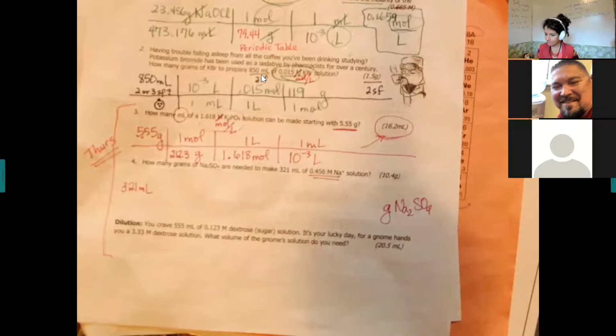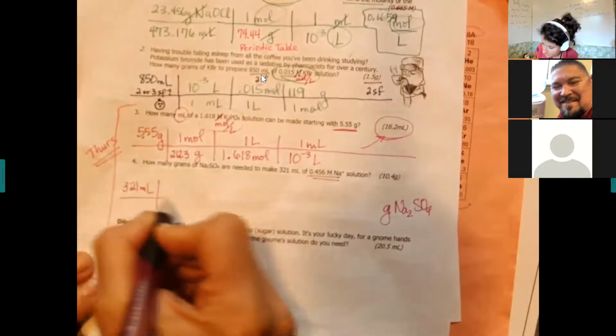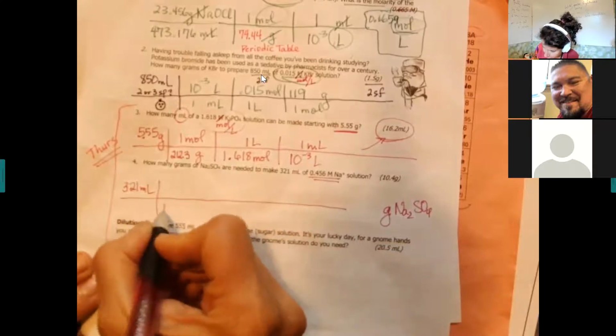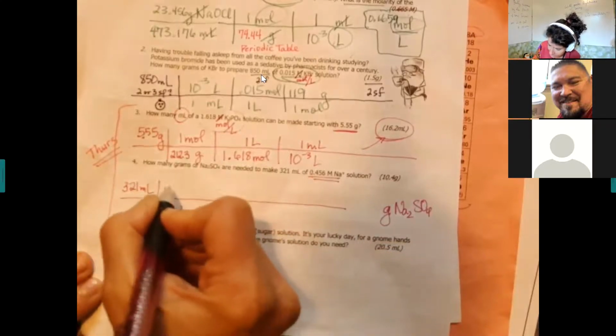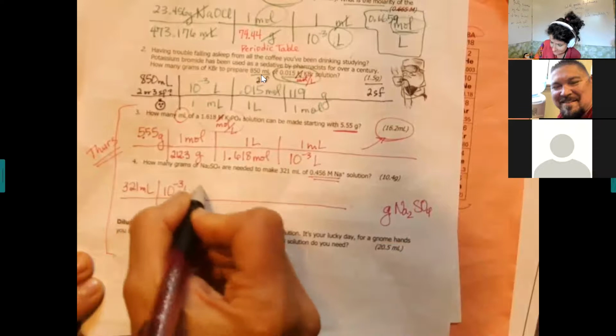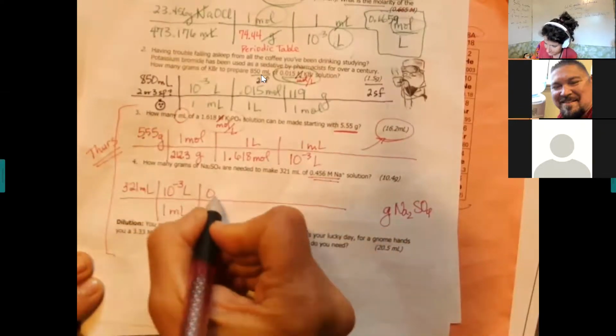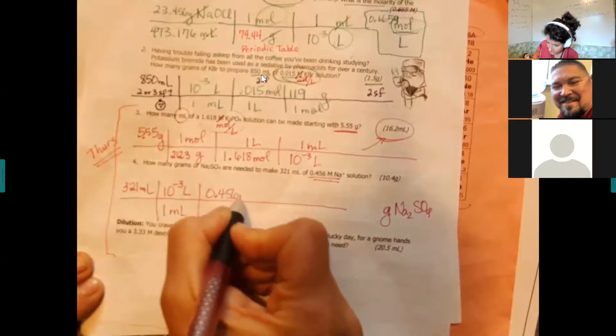All right, it works with molarity. So molarity is liters. So 1 milliliter is 1,000th of a liter. And then I bring the molarity in, 0.456 moles to 1 liter.